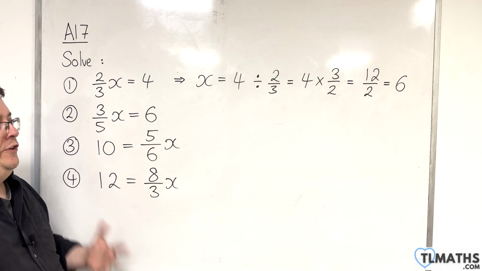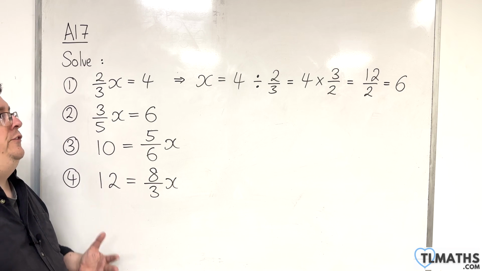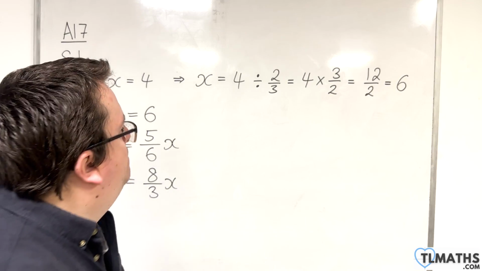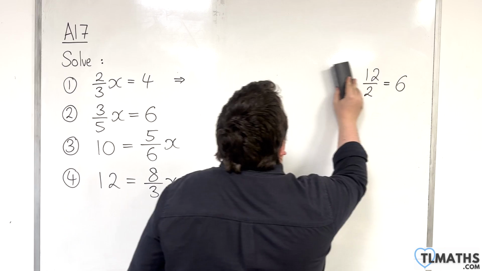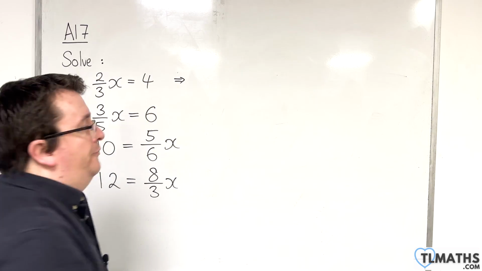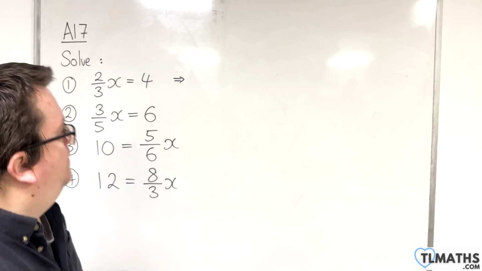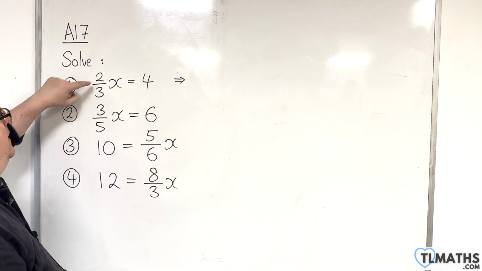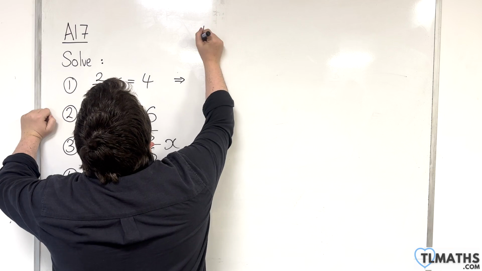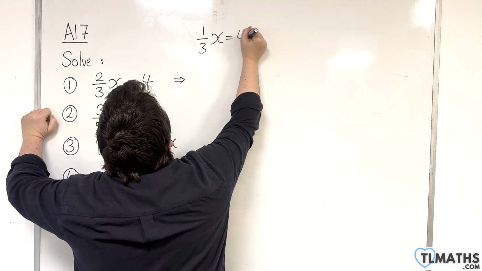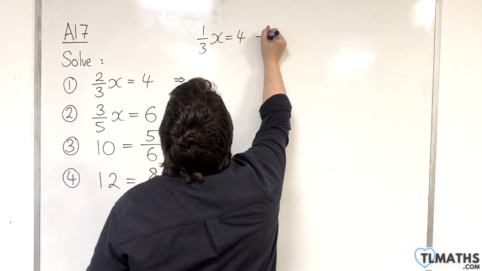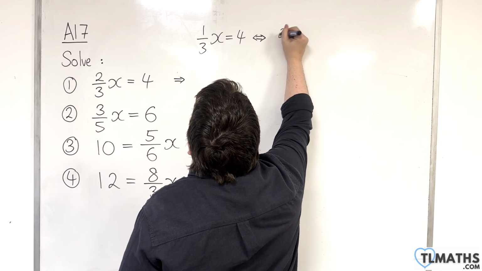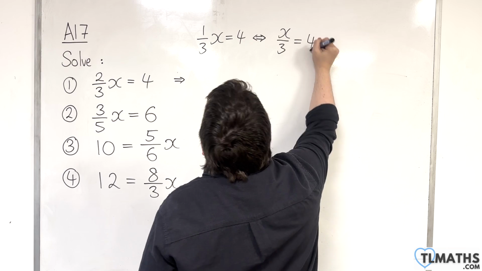Now, an alternative to this that avoids the use of fractions is instead removing the fraction first by thinking, well, imagine if you had 1/3 here, okay? So if we'd had 1/3 of x is equal to 4, remember that this is the same as writing x over 3 is equal to 4.